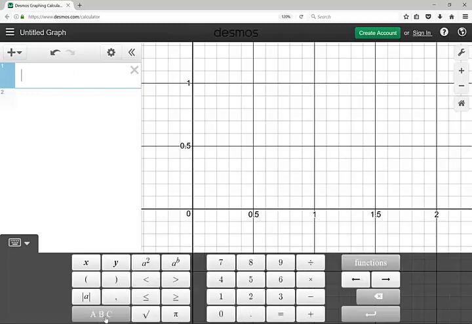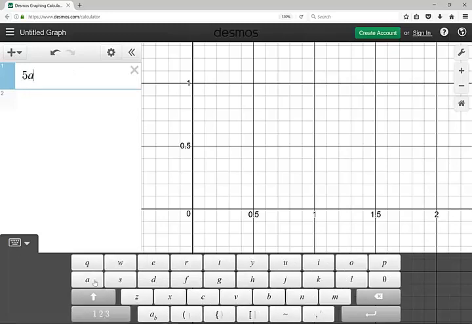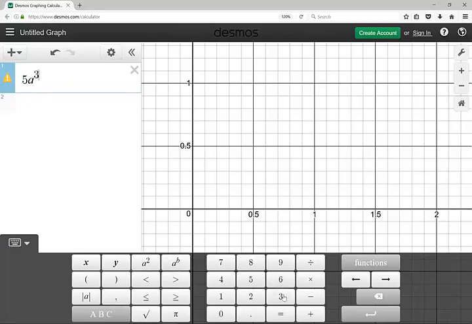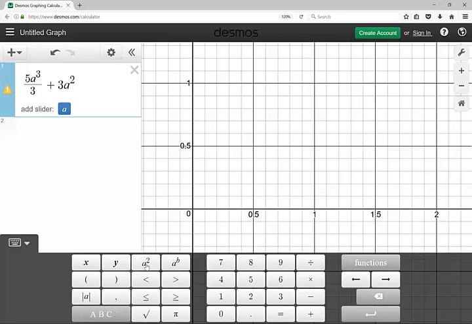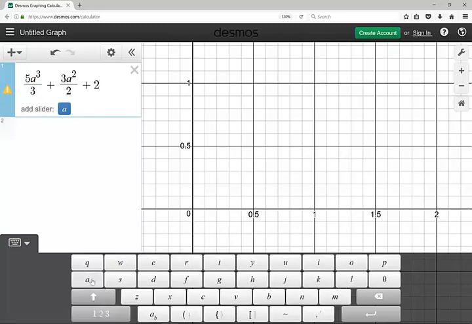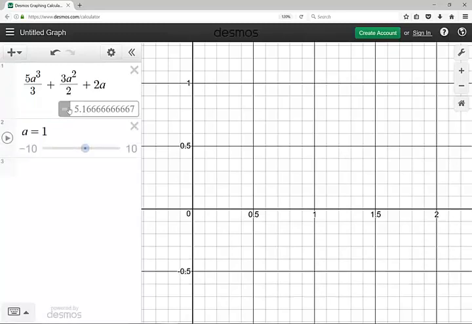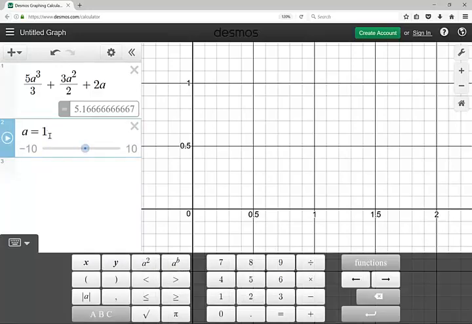It was 5u cubed, divided by 3, plus 3u squared over 2, plus 2u. Yes? Is that right? Nice. And then you could simply hit the slider, click right there and type in your points. Now, what do we need to evaluate it at?